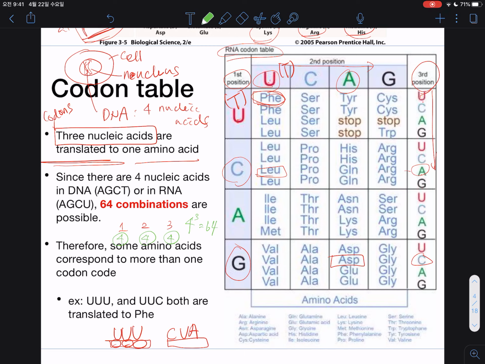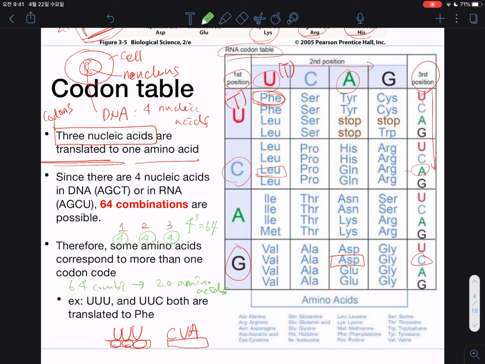But if you remember, there are only 20 amino acids, which means that there are 64 combinations, but they are translated to 20 amino acids. So some codons are translated to the same amino acid.